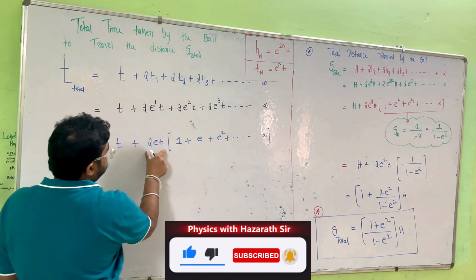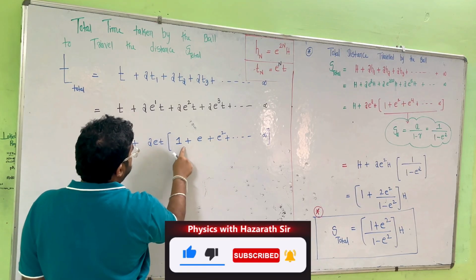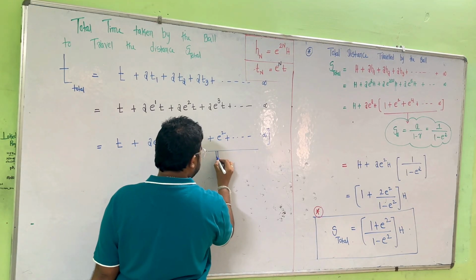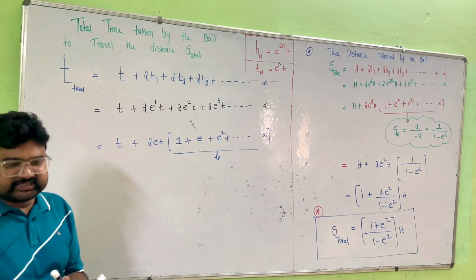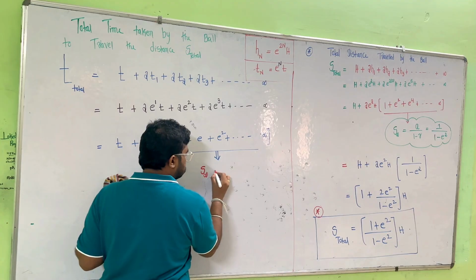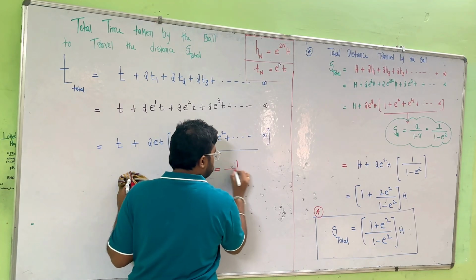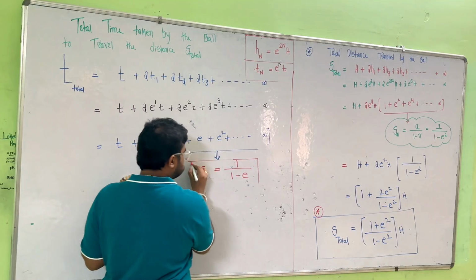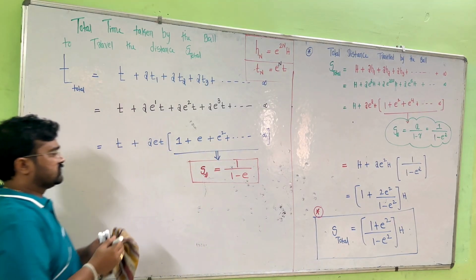This is an infinite GP. The sum of an infinite GP equals how much? A by 1 minus r.